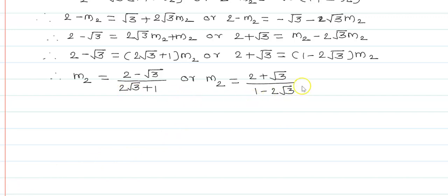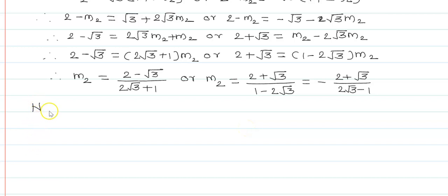If you want the similar expression, then we can write, take the minus sign common from the denominator. Therefore, you will get 2 plus root 3 upon, in bracket, that is 2 root 3 minus 1. This is the slope m2.